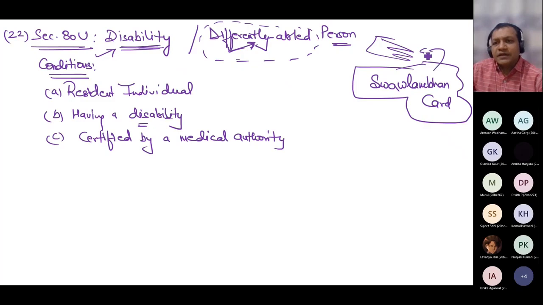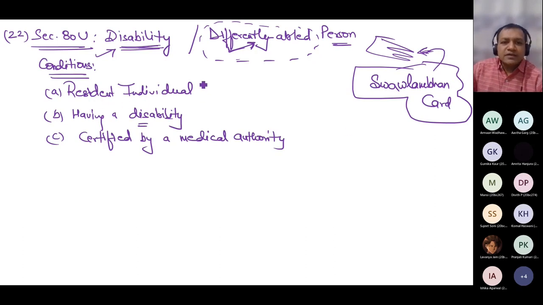Earlier we were using the word disability certificates, but now from 1st June 2021, to get a certificate, the concerned person has to apply online, and a Swavlamban card will be issued. So we have different provisions for this, but that is only for your information. Otherwise, it has no relationship with taxation.